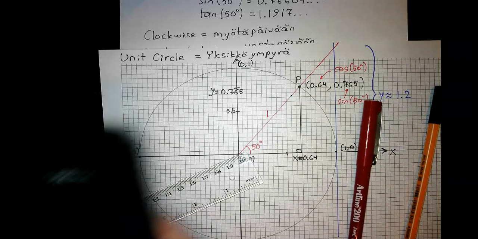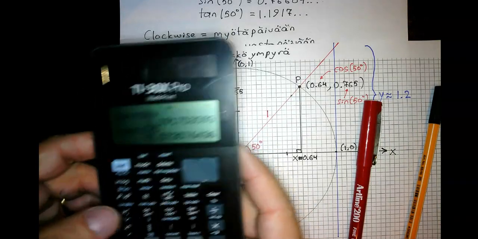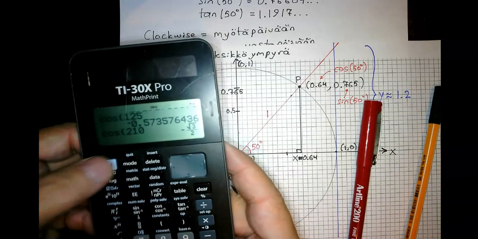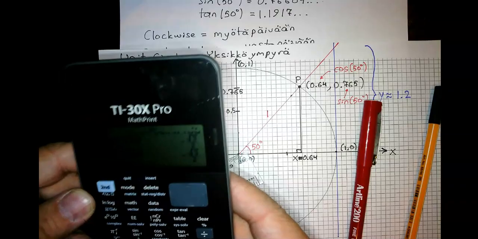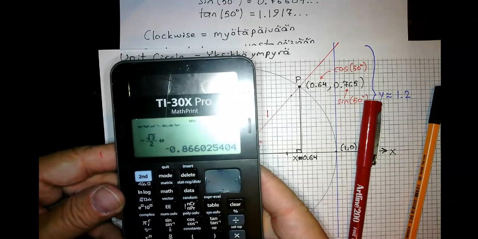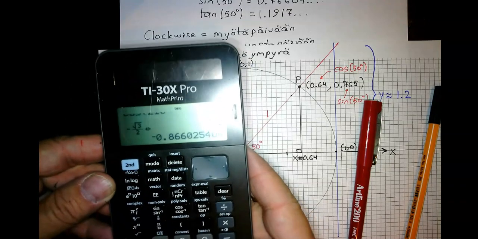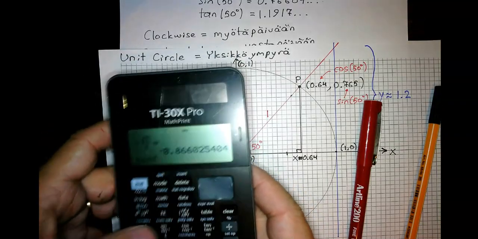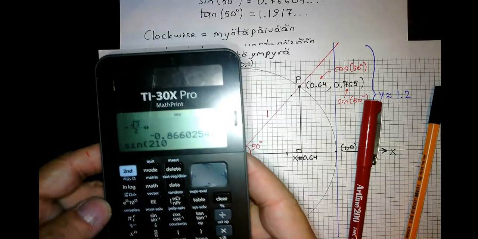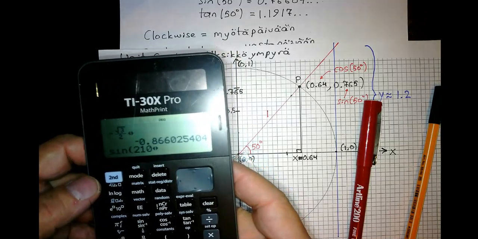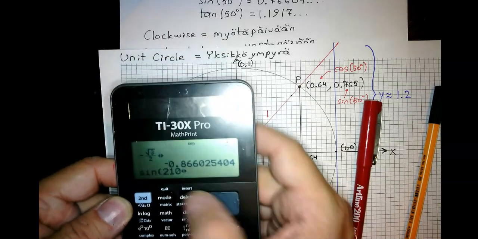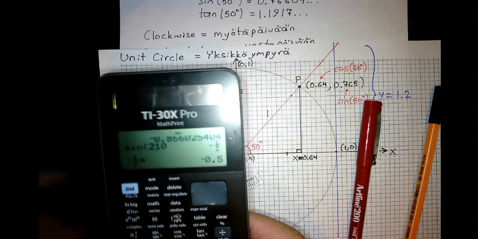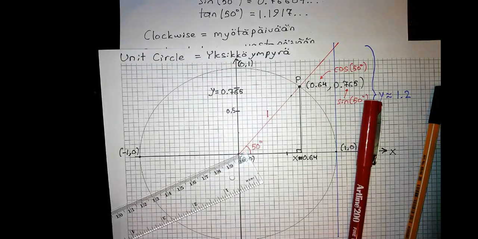If I check the value of cosine 210, we got this, so that is a negative value, and also sine 210 is a negative value.